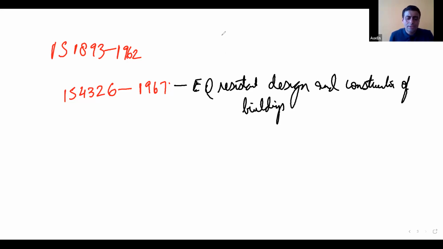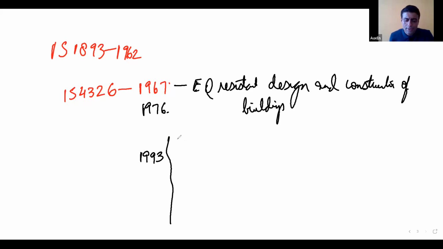This came in 1967 and it was subsequently revised in the year 1976, so after a gap of 9 years, this got revised. Then in the year 1993, there were four codes that were made in this year dealing with the design and detailing aspects.